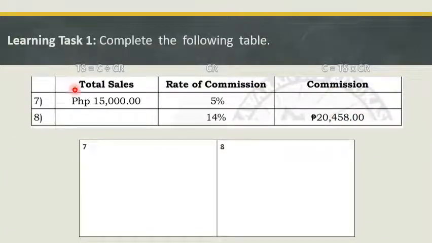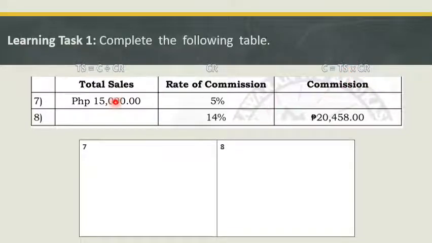Then, for number 7, ito naman ay commission. So, ang total sale stands for TS. Para makuha ang total sale, divide lang ang commission sa commission rate. So, ito yung ating commission rate, at ito naman yung commission. Para makuha ang commission, total sales times commission rate. So, dito sa 7, ang hinahanap is commission. Paano ang formula?